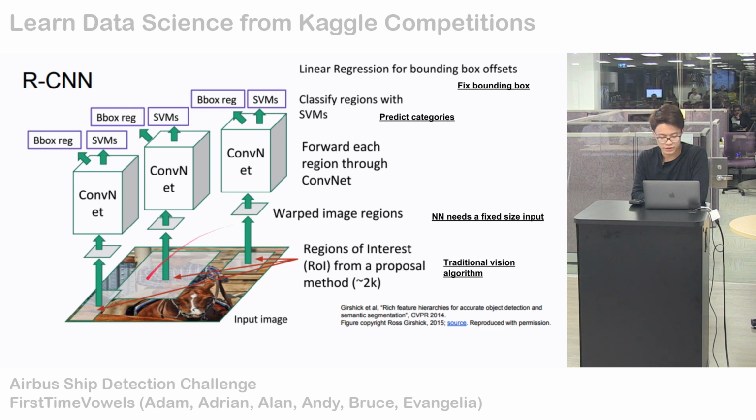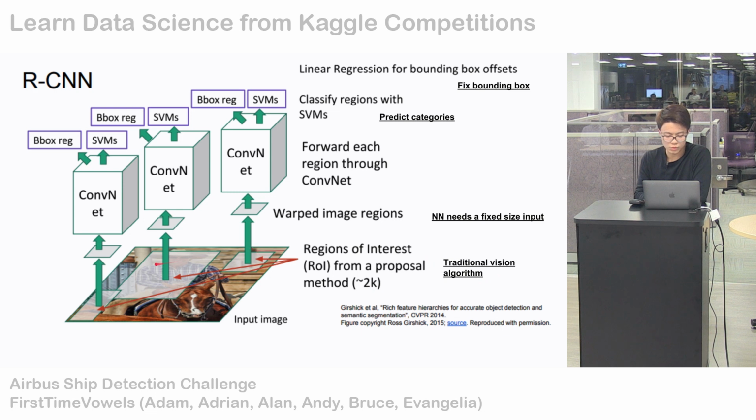In this stage, you have the original image, and you use some traditional vision algorithm to propose some regions, saying there might be some object in this region. Usually there are many proposals, about 2,000, and this uses a traditional vision algorithm based on signal processing.